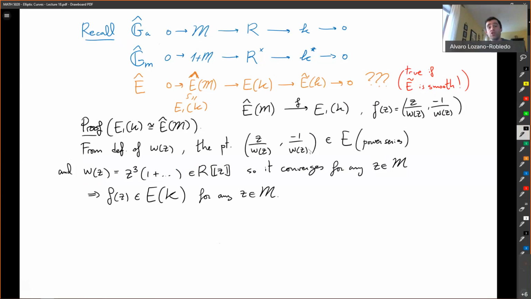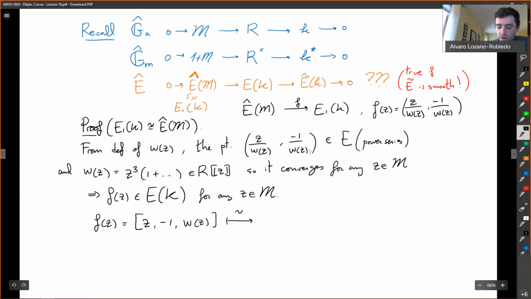And what we need to check is that it's actually in E1K. It's a point that reduces to the origin. But F of Z in projective coordinates is the point (Z, minus 1, W(Z)), which upon reduction modulo M definitely goes to 0, minus 1, and W(Z) starts with constant term 0.